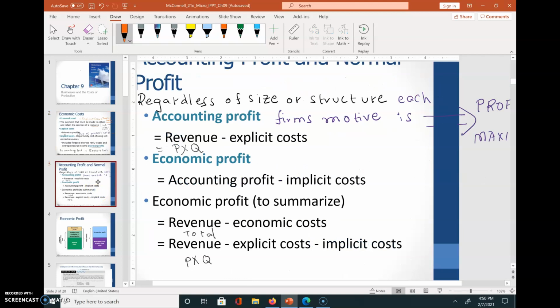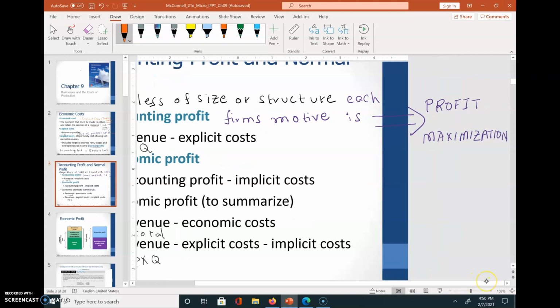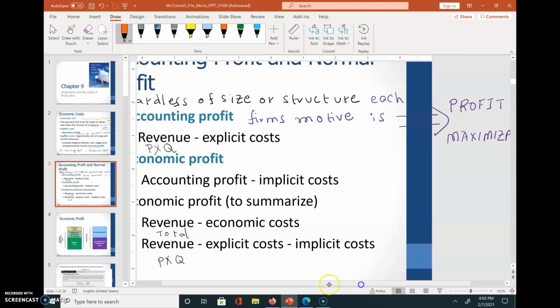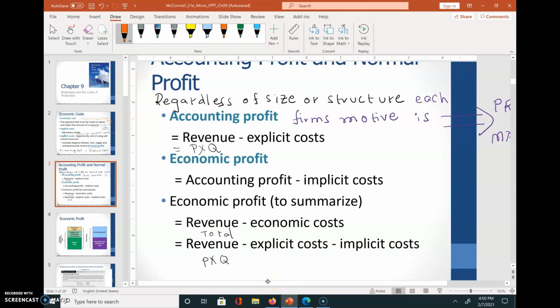Now we look at the concept of accounting profit and economic profit. Regardless of the size or structure, each firm has a motive, and the motive is profit maximization. There are two ways we can define a profit.